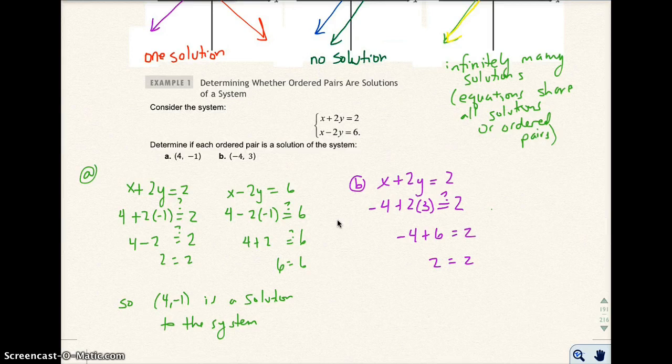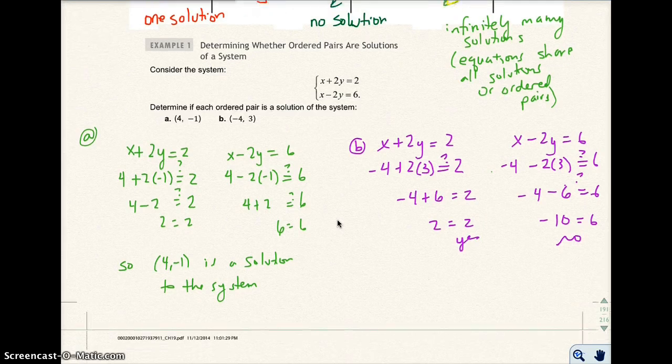And checking the other equation, negative 4 minus 6, I get negative 10, no. So, yes and no. So (negative 4, 3) is not a solution to the system.